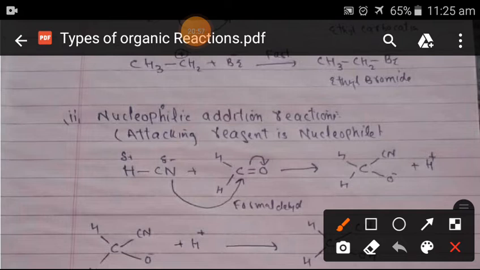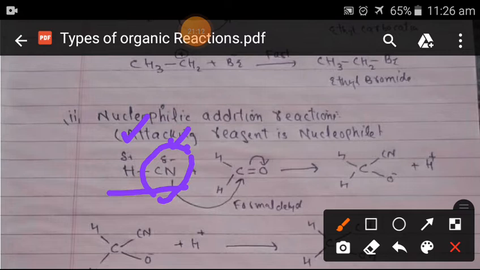We know that hydrogen cyanide is polar in nature, that is, hydrogen gets a slightly positive charge and cyanide gets a slightly negative charge, due to which the cyanide ion acts as a nucleophile.